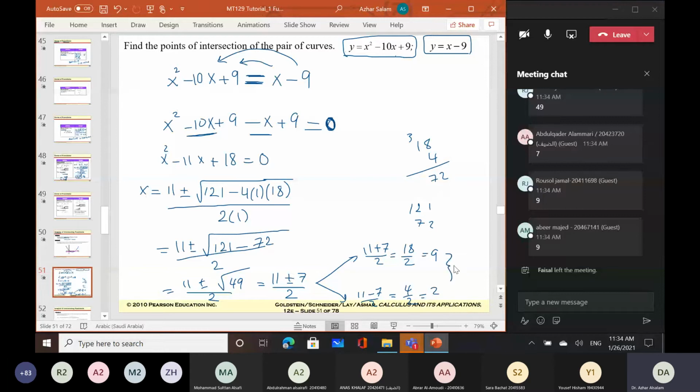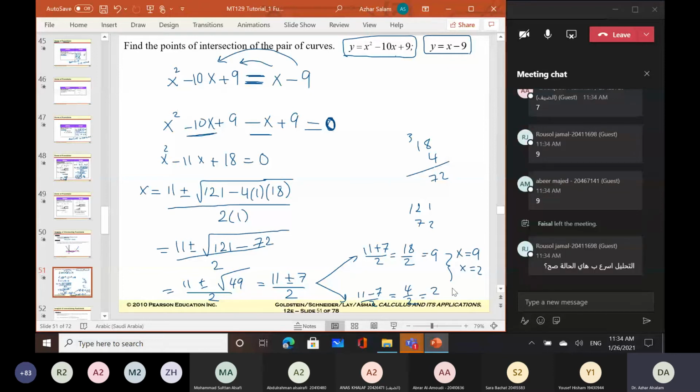Okay, so here I have x equals 9 and x equals 2. So the two points will be 9 and 0, and 2 and 0. This is the intersection point. Okay? Oh, sorry, here not 0.